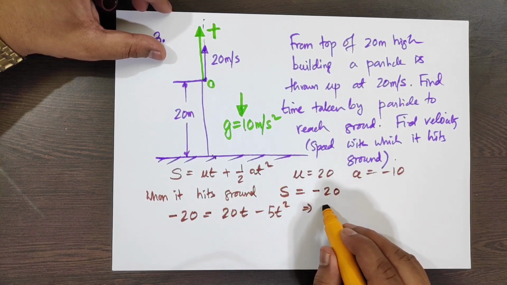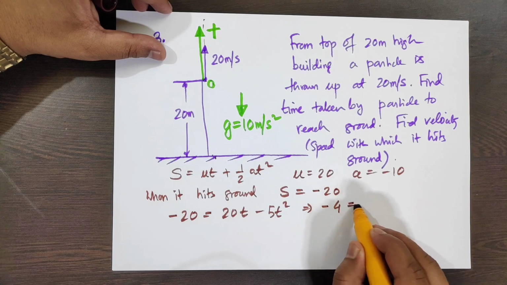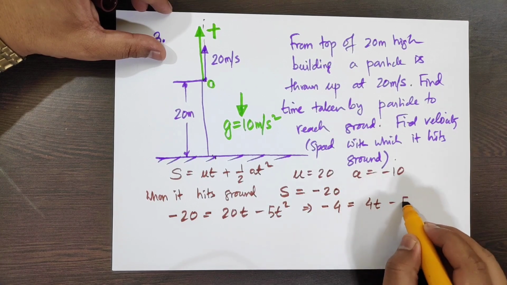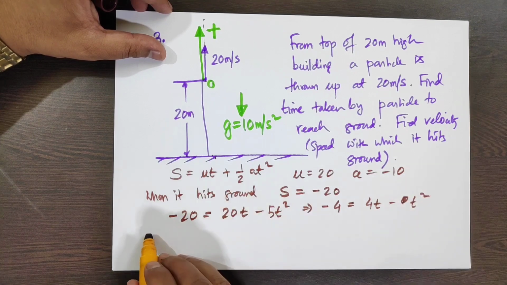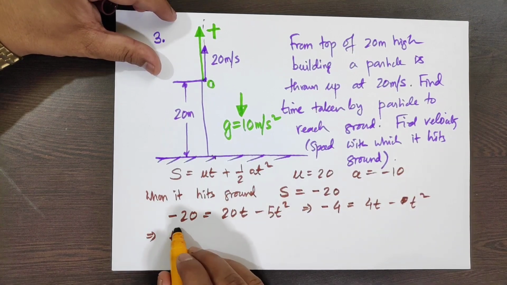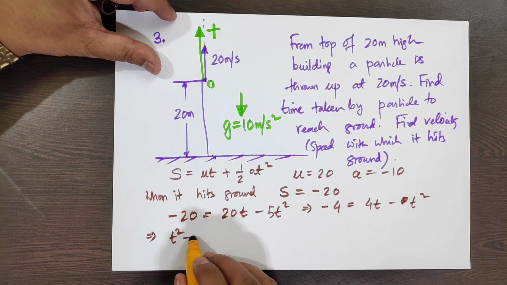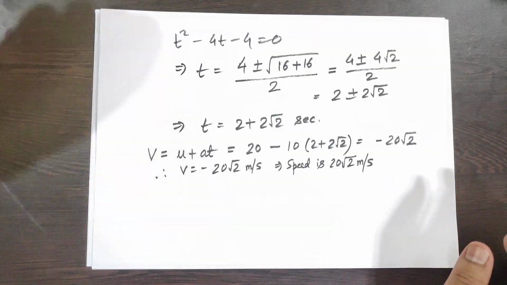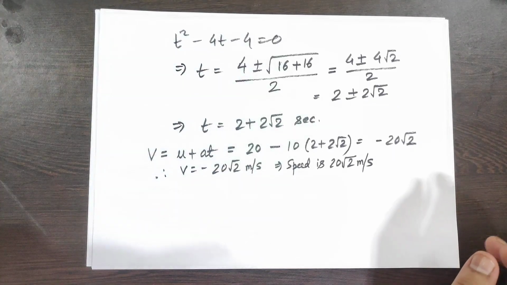So divide by 5, minus 4 equal to 4t minus t square. So t square minus 4t minus 4 is equal to 0. So this was the equation, t square minus 4t minus 4 is equal to 0.